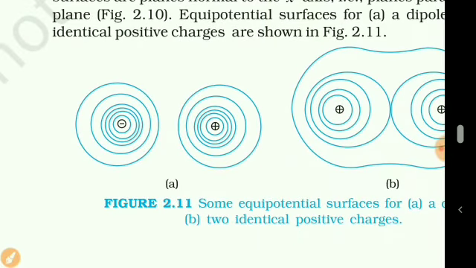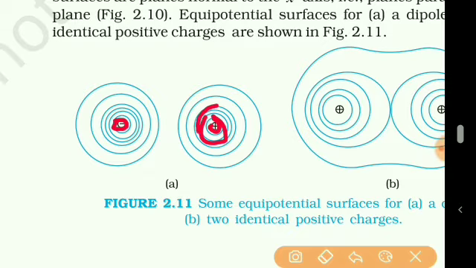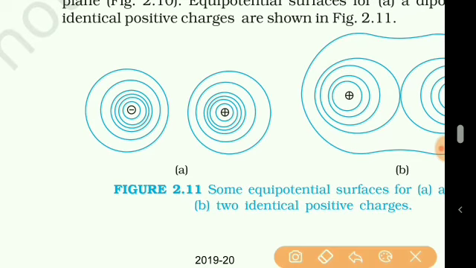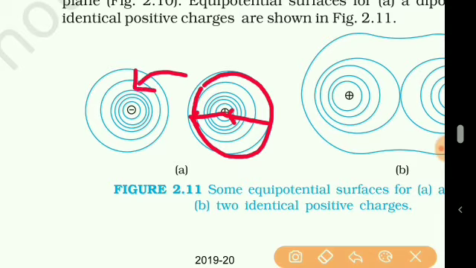Also, for this type of system of charges, you can see here a positive charge and a negative charge kept close to it. So here also the equipotential surface is like this. You can easily see that these circles are not concentric and not of exact radius on both sides, because there is an effect of the negative charge over this surface also.